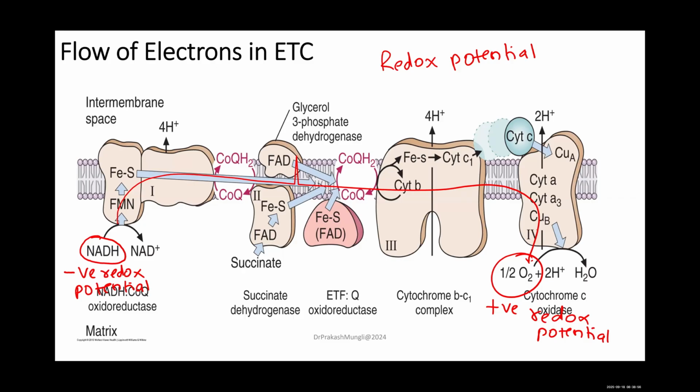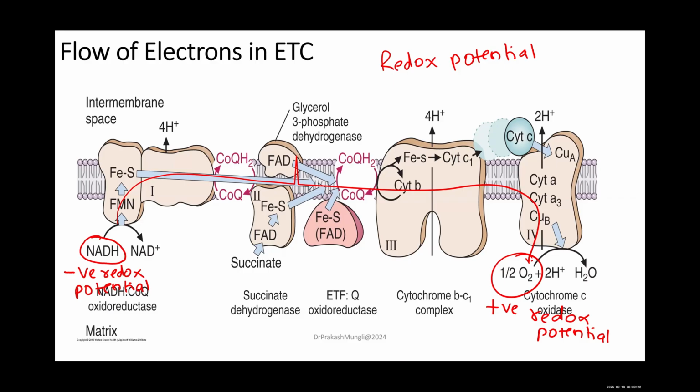And that complex 1 will donate its electrons and protons to coenzyme Q, because that's the next mobile complex. So coenzyme Q comes here, collects electrons, collects protons, and then goes to complex 3 and gives them. So complex 3 will give its electrons and protons to cytochrome C, because cytochrome C will come and collect that, because that's a mobile complex.